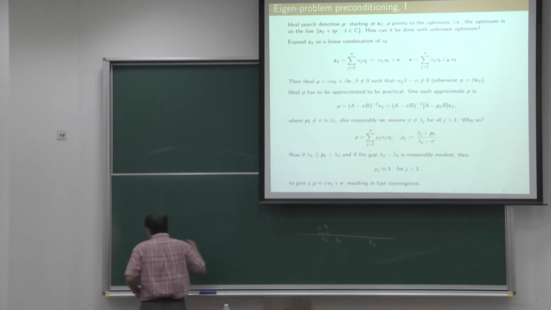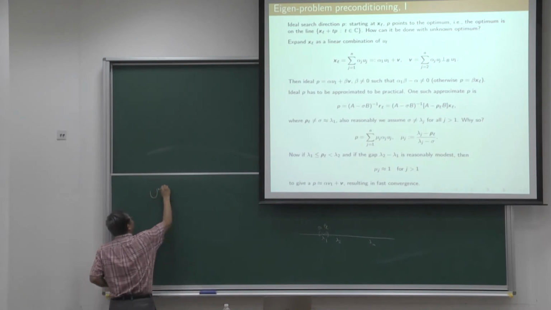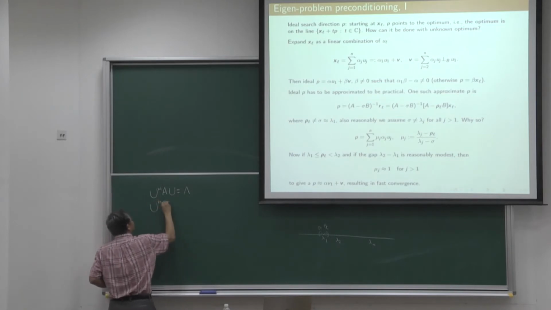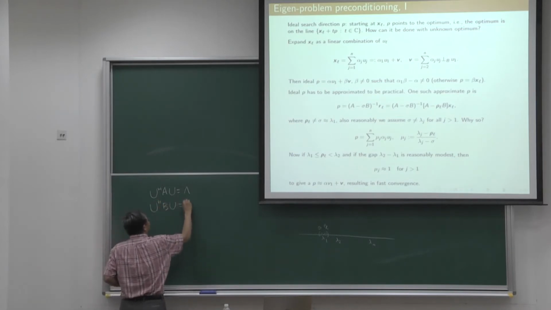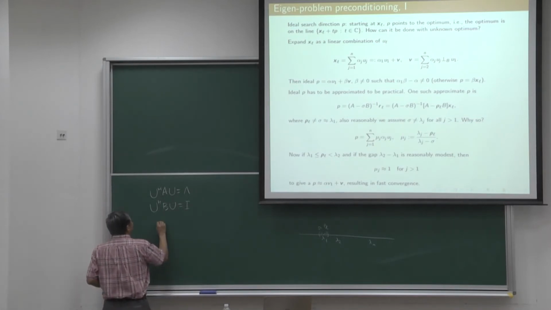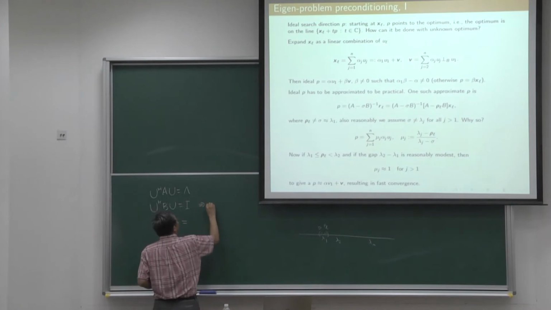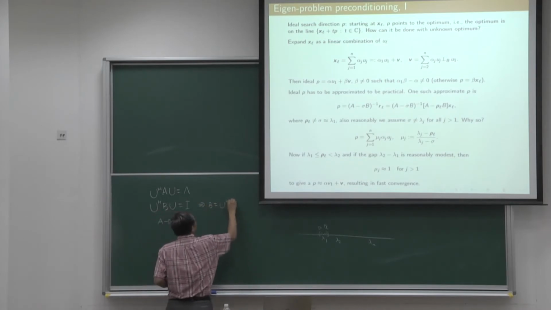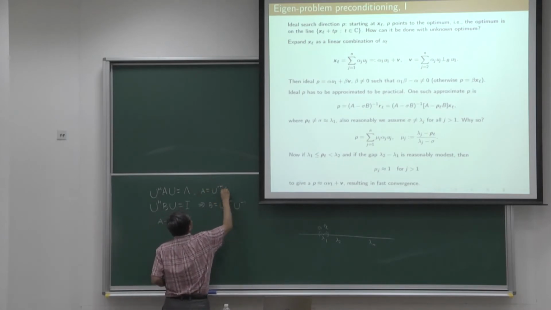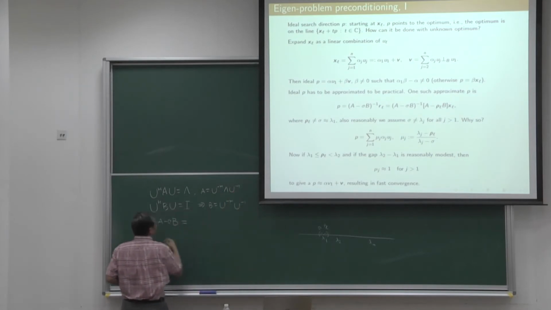So you have, remember, we have this identity. And then you look at A minus sigma B, which gives you U lambda minus sigma times U negative H. So you plug in.